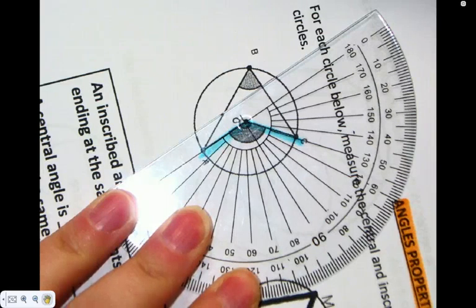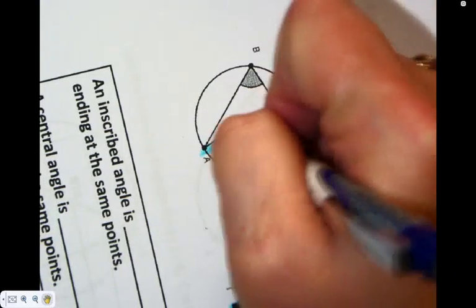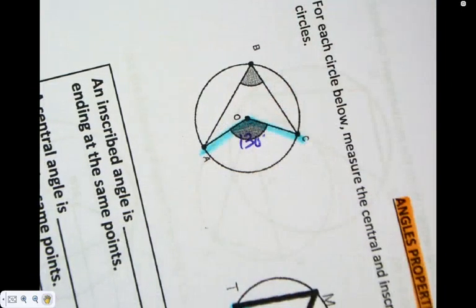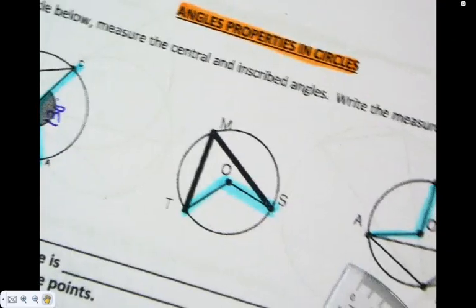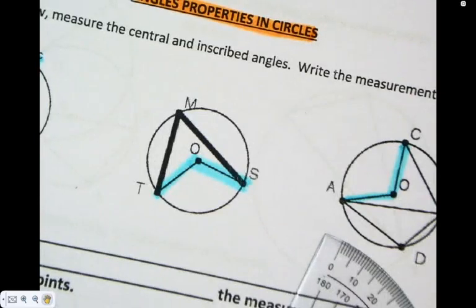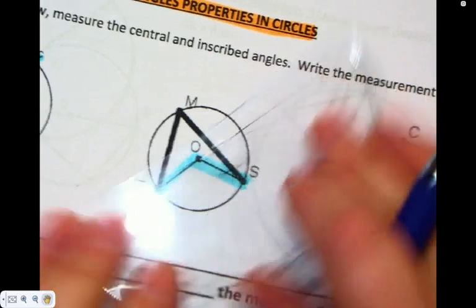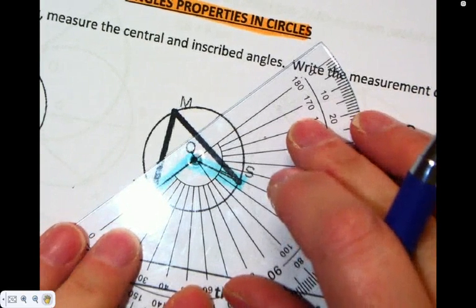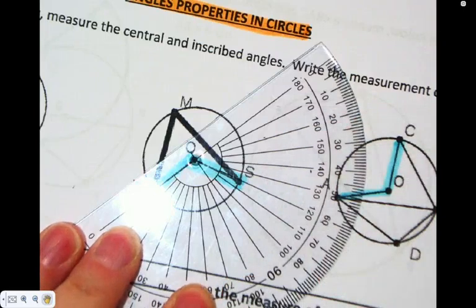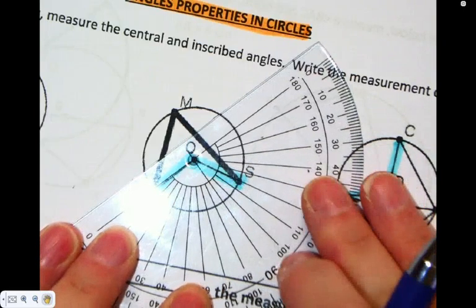Offer 130-ish. We happy with 130? Okay, what do you think the second one is? Okay. Oh, yeah, wait.